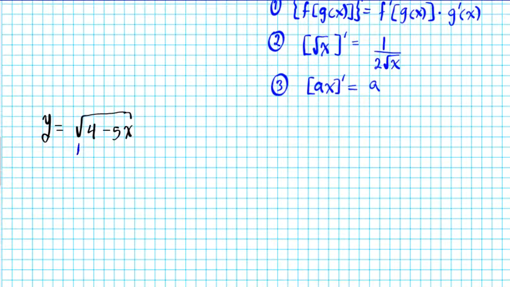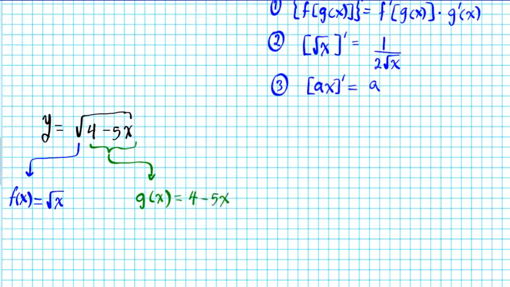Okay? So the outer function, we're going to call that f, which is just root x. And then the inner function, we're going to call that g. Okay? So step 1 in applying the chain rule is to decompose the functions.